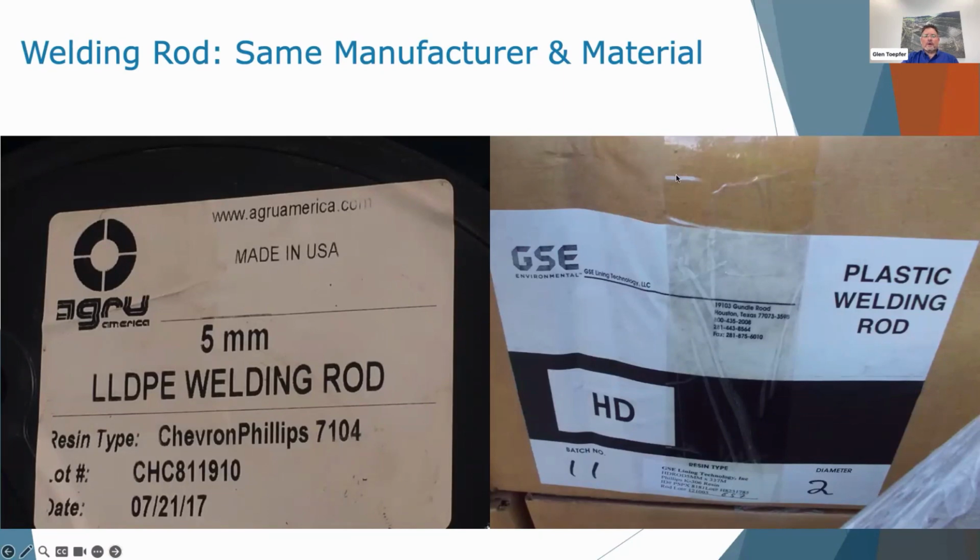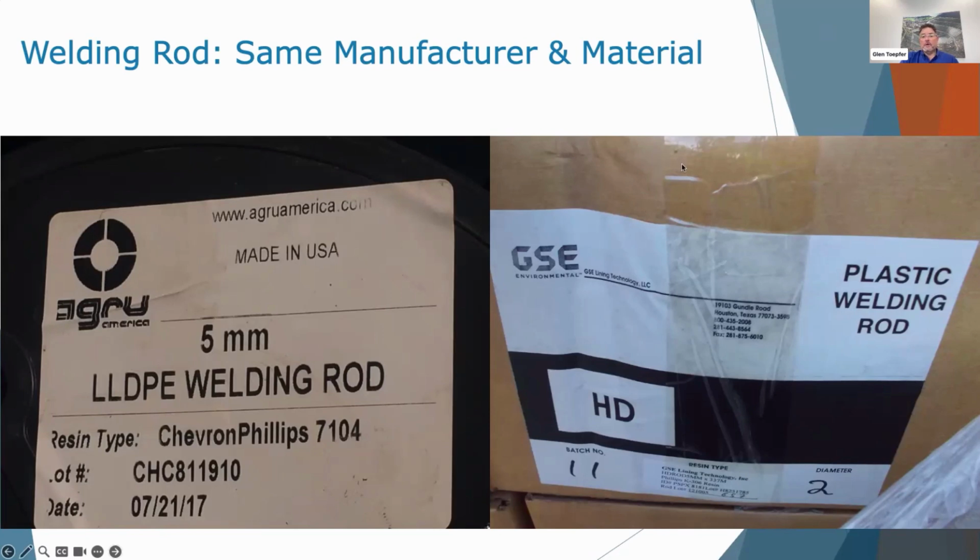But I think the graphics I showed you earlier illustrate differently. My belief is that if you're using GSE material, the Solmax GSE brand material, you should be using that same welding rod that came from that batch that was used to make that material, at least the same manufacturer, because their proprietary formulations may be different.